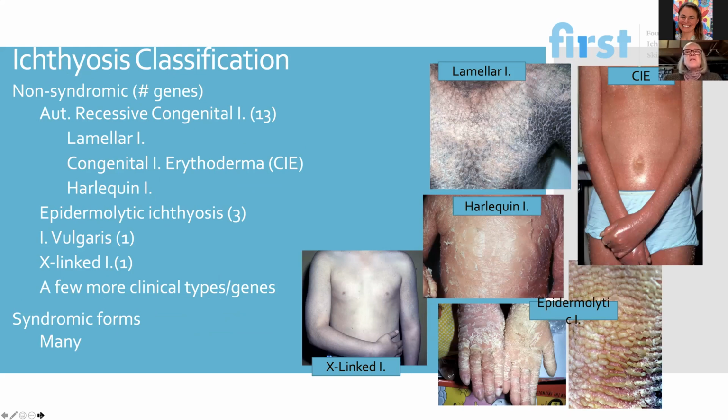To some extent, these clinical subtypes occur along a spectrum, depending in part on the quality of the scales, large and plate-like versus finer and looser, and the intensity of the redness or erythema. This is a very heterogeneous group with respect to the underlying genetic causes. To date, 13 different genes have been identified which produce one or more of these clinical subtypes.